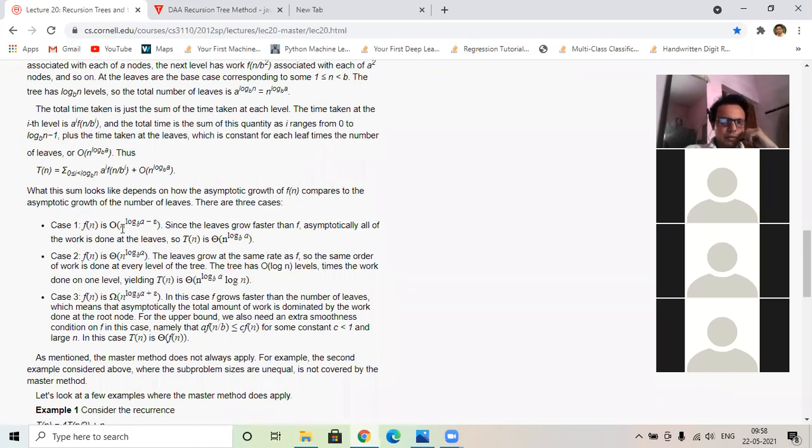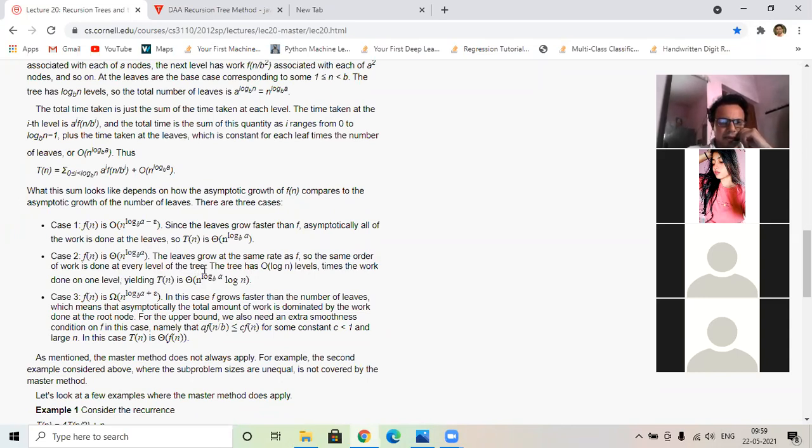Case 1: it will be big O of n to the power log a base b minus c, in this form. I am giving an example, then you will understand. Case 2: Fn is theta of n to the power log a base b. The leaves grow at the same rate as f, so the same order of work is done at every level.